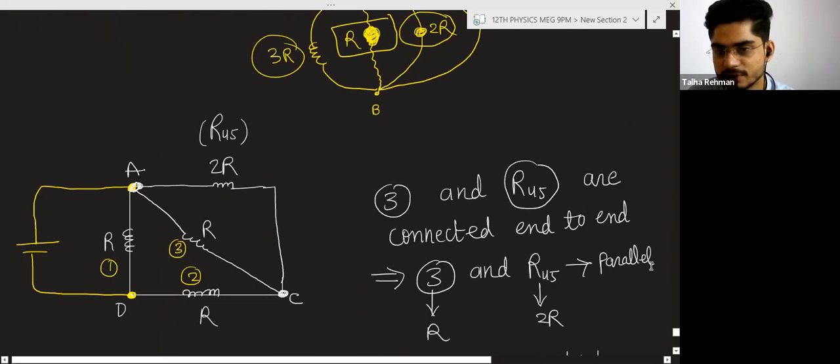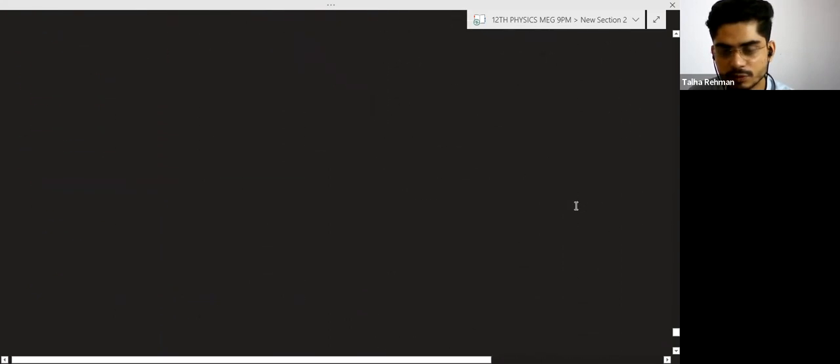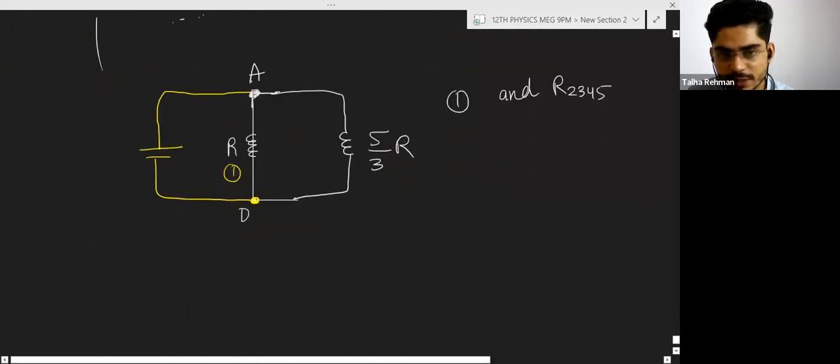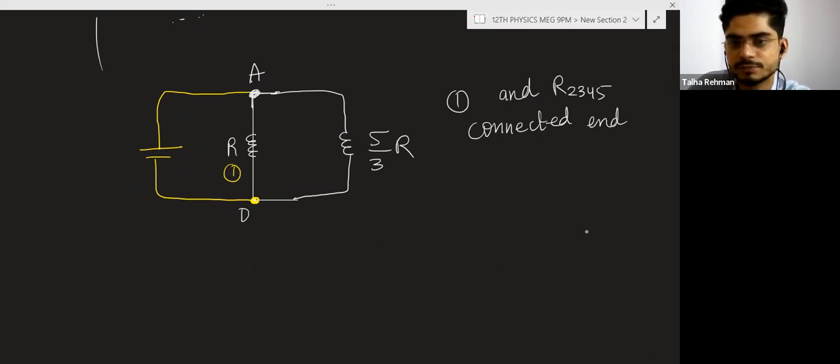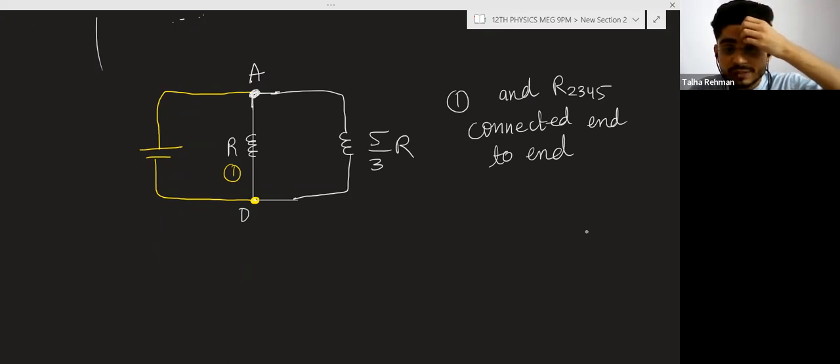So here also both resistances are connected with one end and with another end. So this is a parallel combination. End to end means one end of the resistance is connected with another end of the resistance, and one end of the resistance is connected with another end of the resistance. So this is the parallel combination.